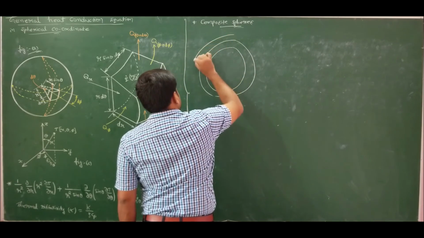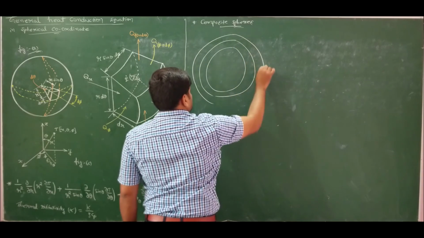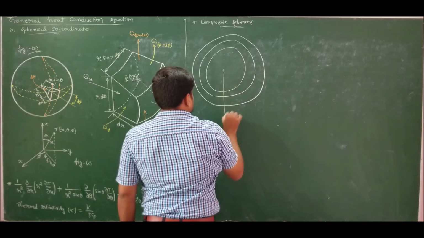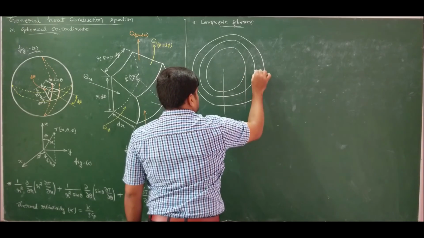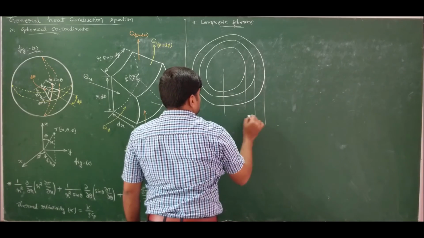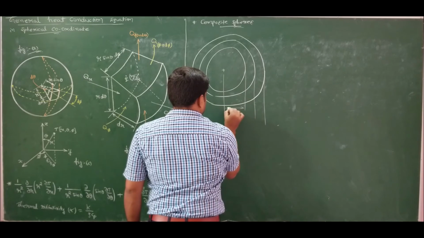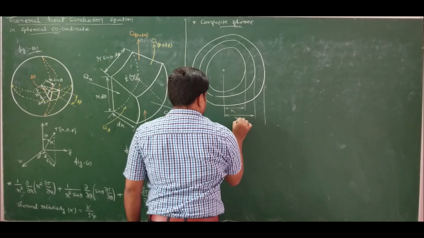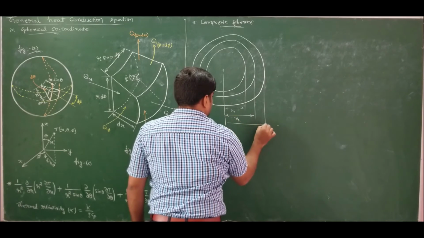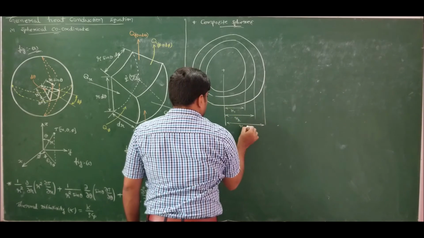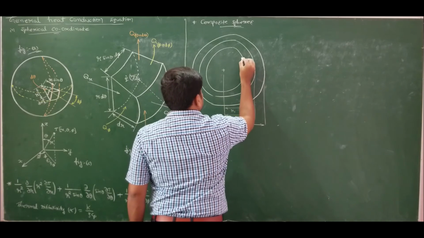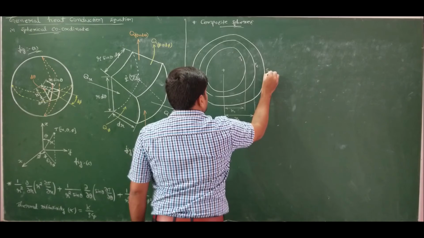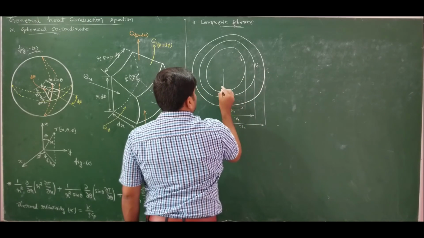Let us have a composite sphere like this, marking the radius at various points. We have the radius R1, radius R2 and radius R3. Let us say T1, T2 and T3 are the surface temperatures at various points.